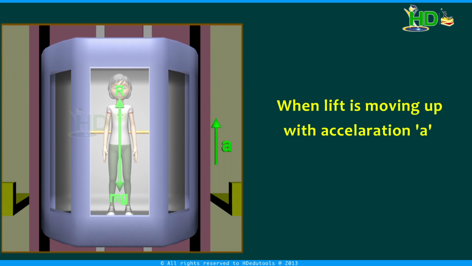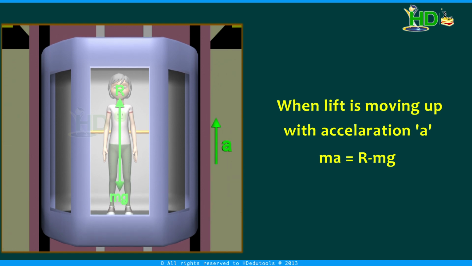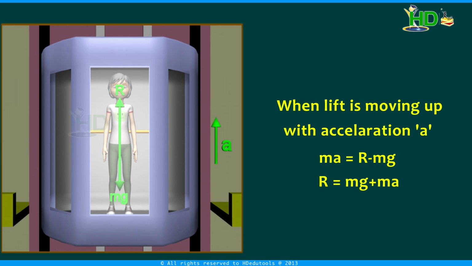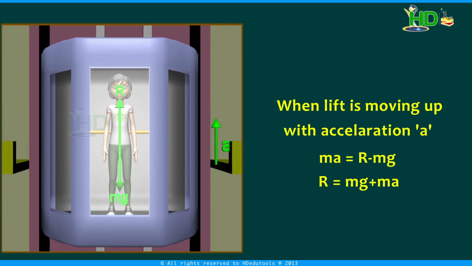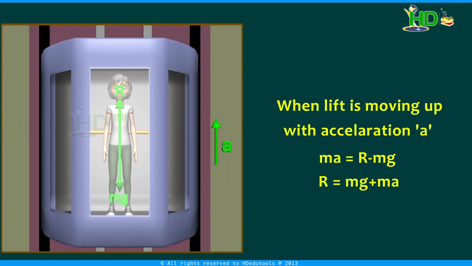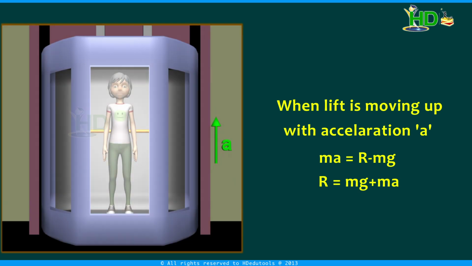In this case we can write m into a, this is equal to R minus mg, or R equals mg plus ma. Already I told you the weight is nothing but the normal reaction. In this case, the normal reaction is more compared to your weight. The weight appears to be increased when the lift is moving up.